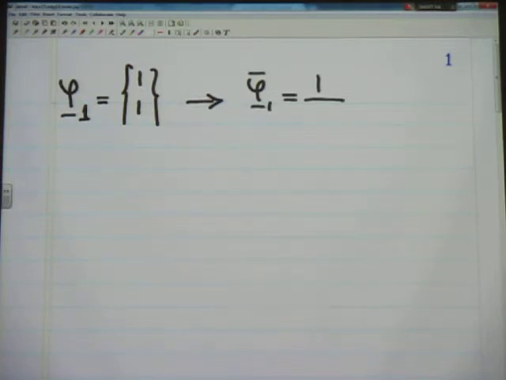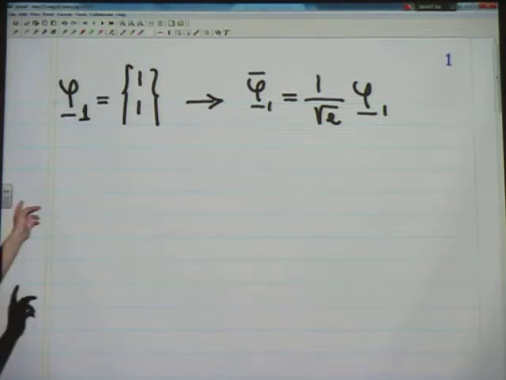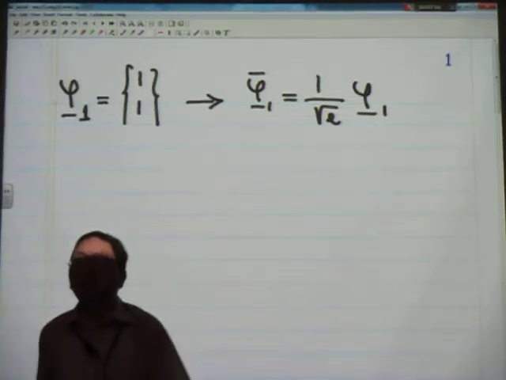That's 1 over square root of 2 times phi 1, because the norm or the length of the vector phi 1 is square root of 2, right? Because the length squared is 2, so the length is square root of 2.